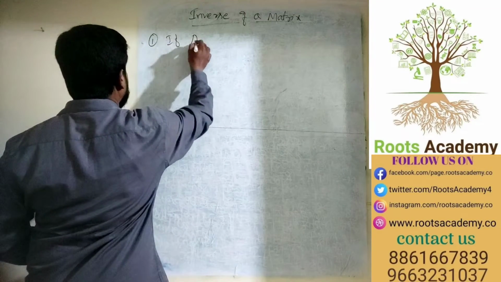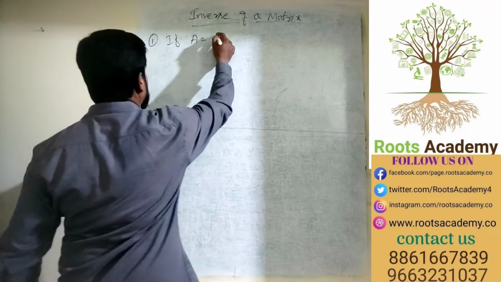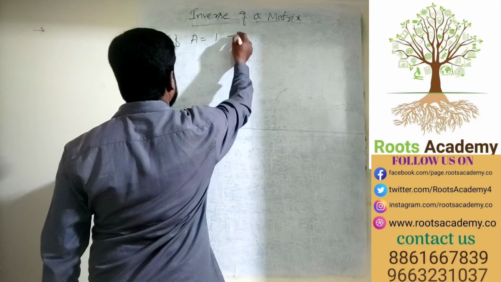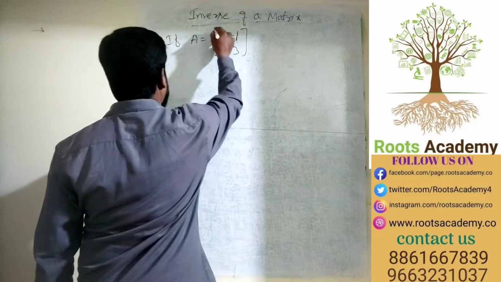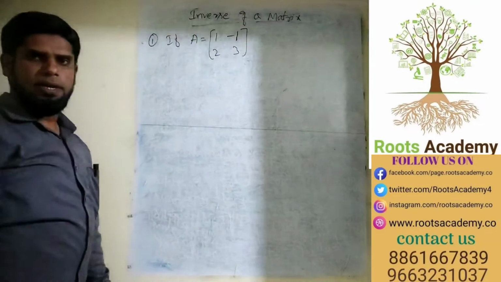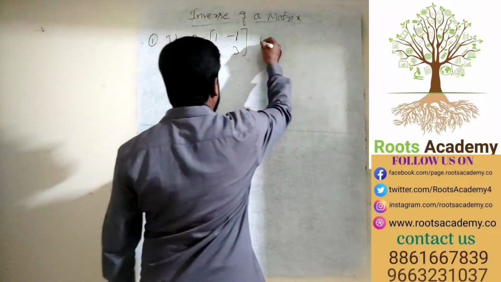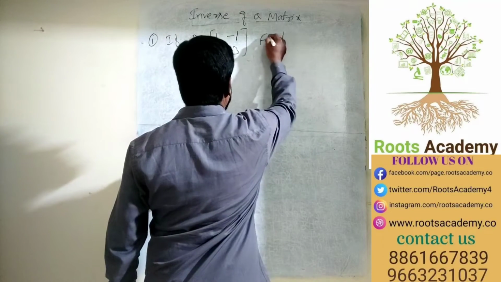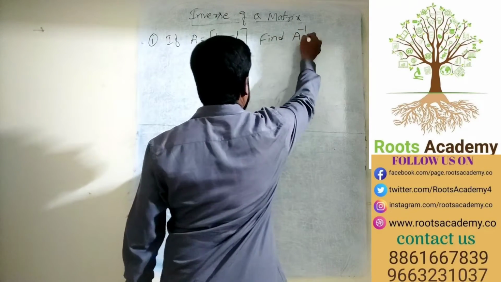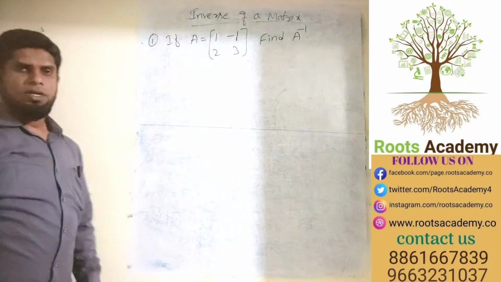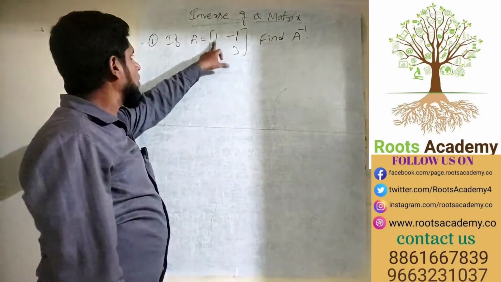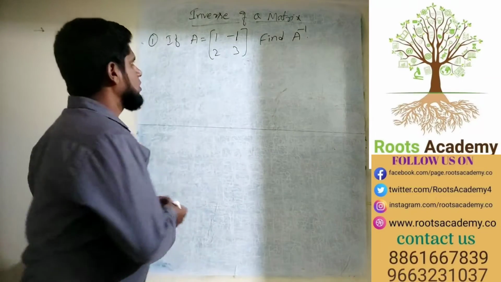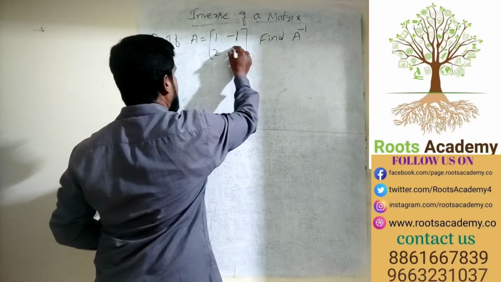If A equals 1, minus 1, 2, 3 is a matrix, find A inverse. Students, here A is a 2 cross 2 matrix whose elements are 1, minus 1, 2, 3.